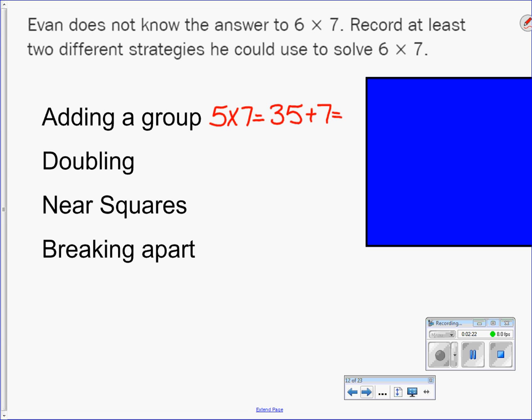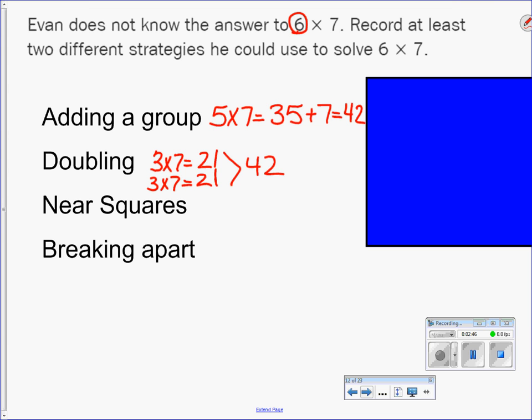There's the group we're going to add, which gives me 42. Okay, we could also do doubling because one of our factors is even, so we could do 3 times 7 equals 21, and then 3 times 7 equals 21 again. That's our doubling, and 21 plus 21 would equal 42.